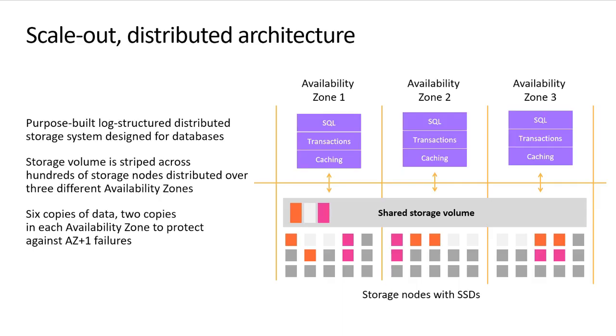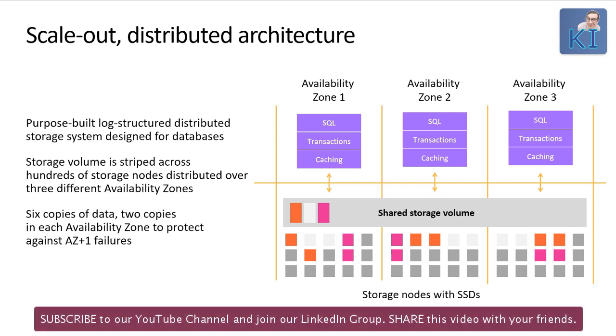So what happens? We kind of talked that in case of Aurora, first of all, it really gives you high performance, and that's because for the storage only SSDs are used. In addition to that, whatever data is getting written, it gets copied into 3 availability zones and 2 copies in each availability zone.